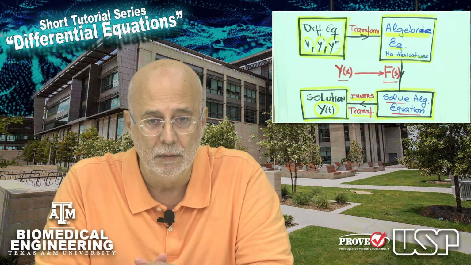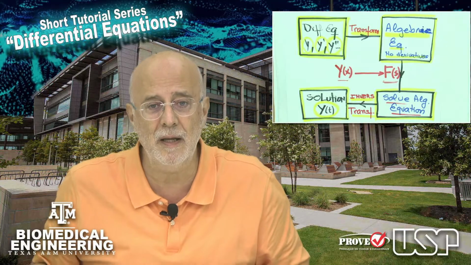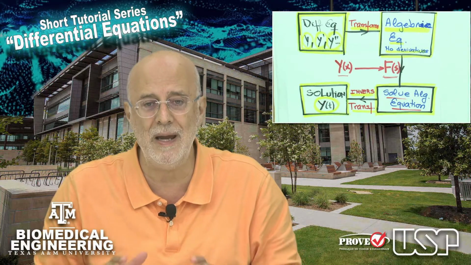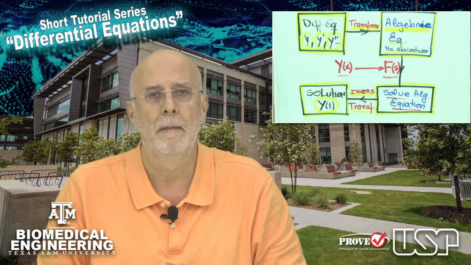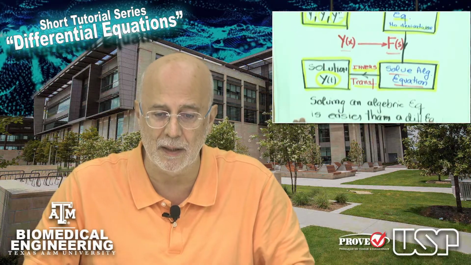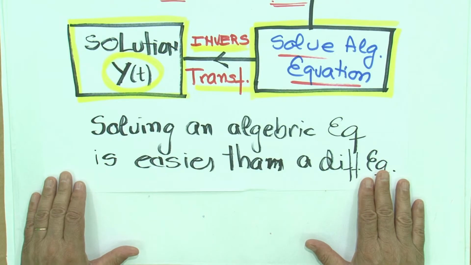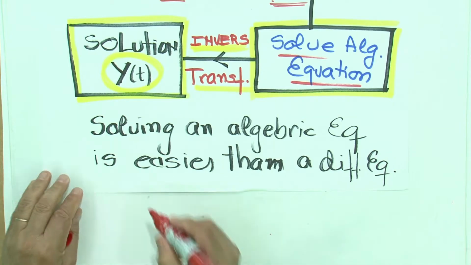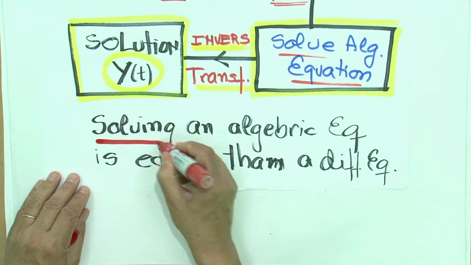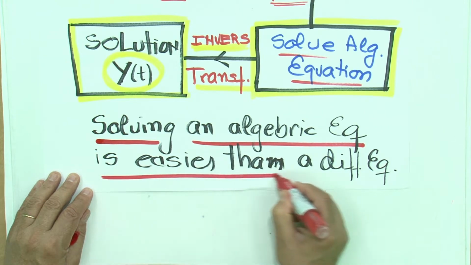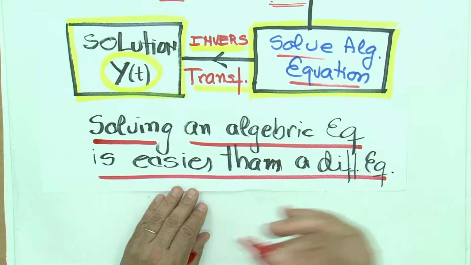But, you know, thanks to very imaginative and intelligent people, we are able to apply a methodology that can solve the problem. So basically, solving a problem by using Laplace transform is like solving an algebraic equation, which is easier than solving the differential equation, and coming back.